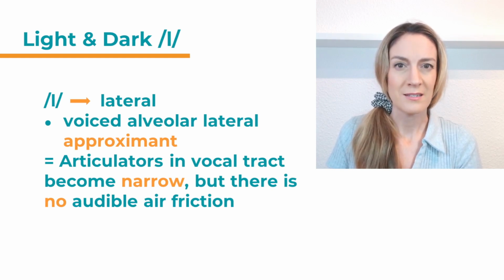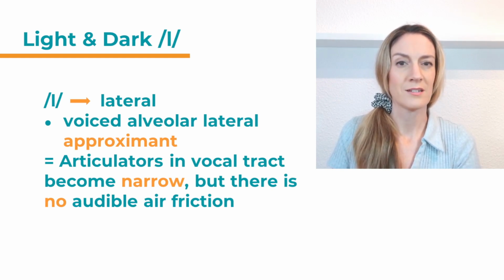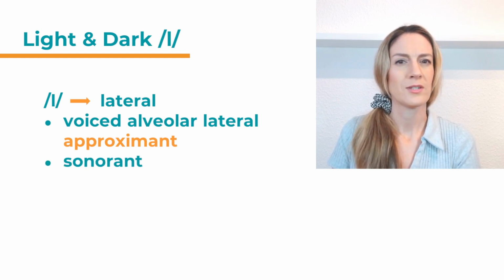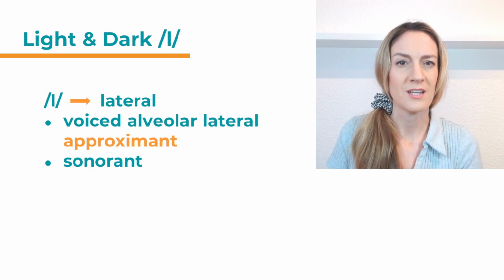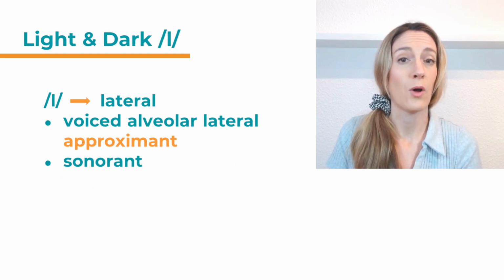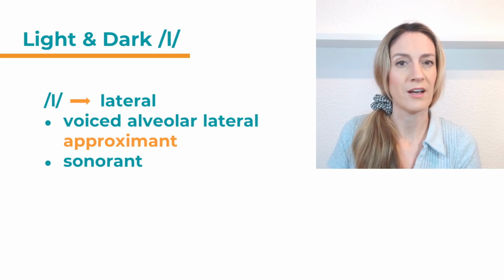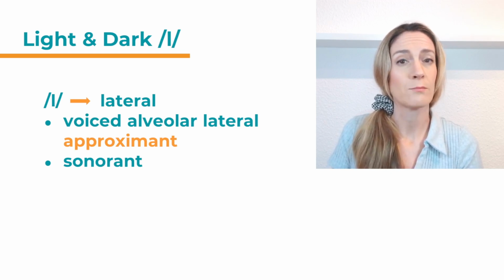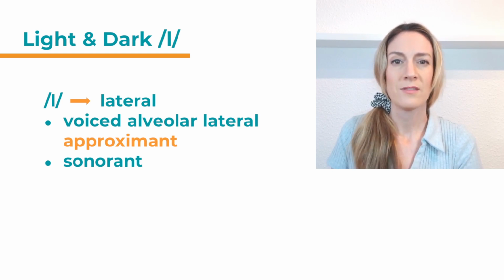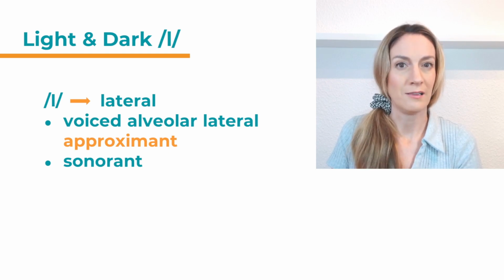So that is the L sound in general, and sometimes you will also hear it being called a sonorant, and that just means that it has a quite resonant quality to it. There are a couple of other sounds that are also called sonorants, but fricatives and plosives, for example, are very different in that way.